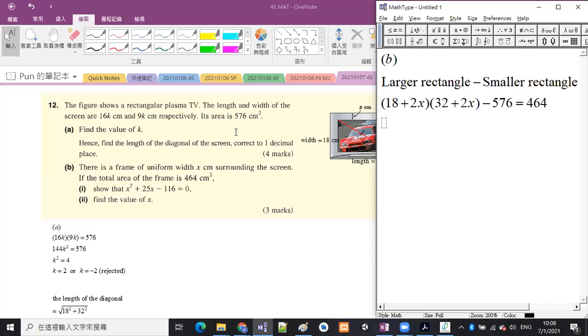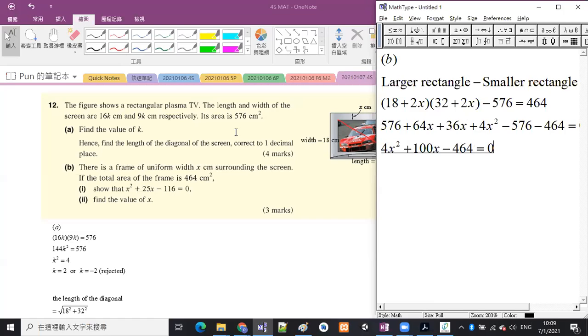Okay, and then we just expand all the brackets. So 18 times 32 is equal to 576, plus 64x plus 36x plus 4x squared, minus 576, and then minus 464 is equal to 0. Okay, so we have 4x squared plus 100x minus 464 is equal to 0.